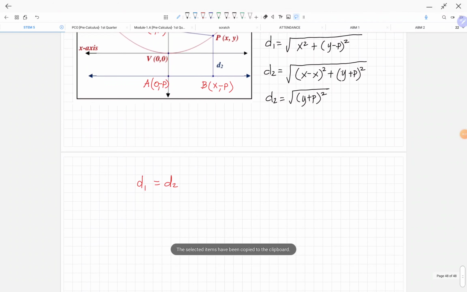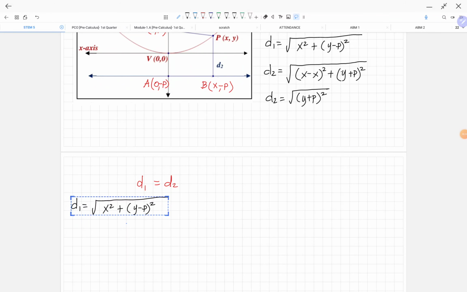So d sub 1 is equal to the square root of x squared plus the quantity of y minus p squared. So it is equal to the value of d sub 2, and d sub 2 here is the square root of the quantity of y plus p squared. Okay? So let's write it correctly first.